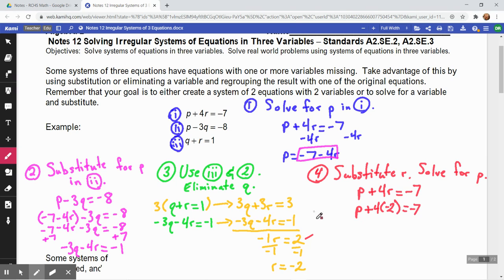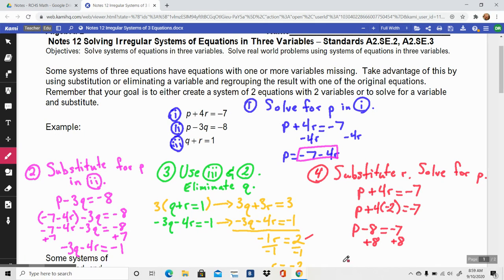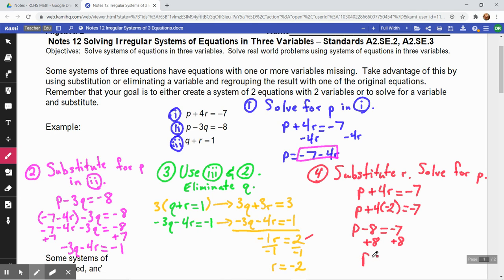A little simplification. We get P minus 8 equals negative 7. And then we can add 8, and we're going to get P is equal to 1. Okay, so there is our second variable.